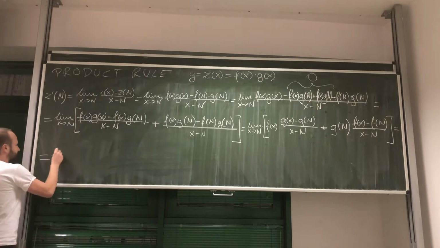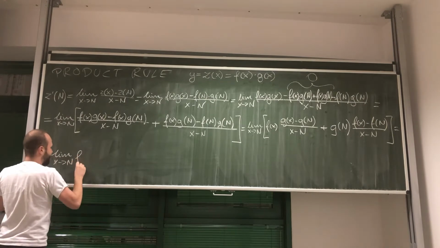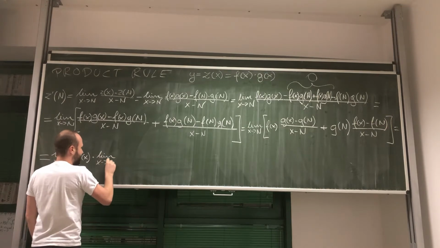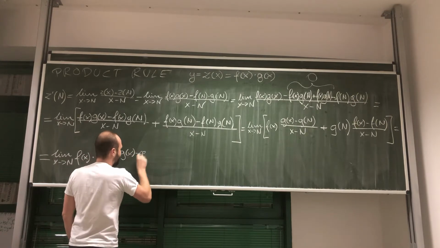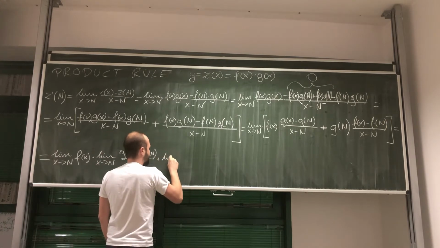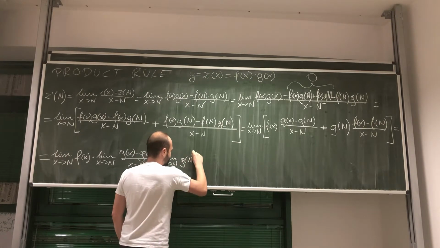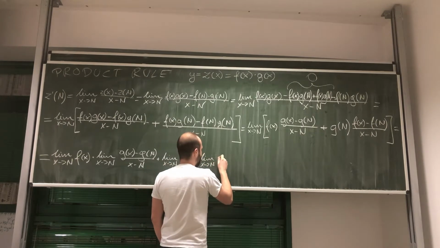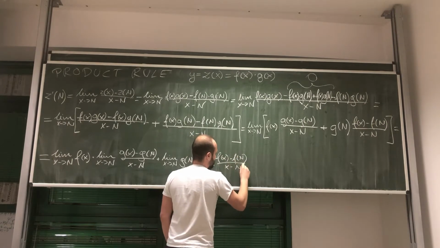I will get the limit with x approaching n of f of x times the limit with x approaching n of g of x minus g of n over x minus n, plus the limit with x approaching n of g of n times the limit with x approaching n of f of x minus f of n over x minus n.